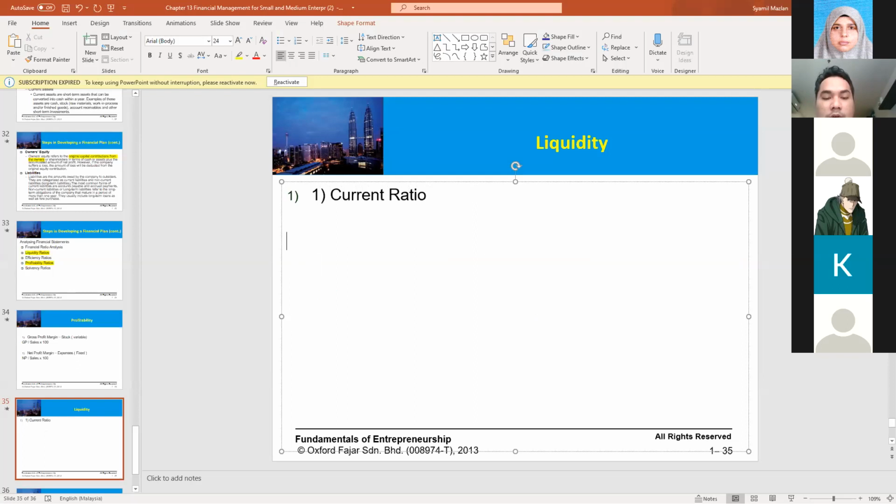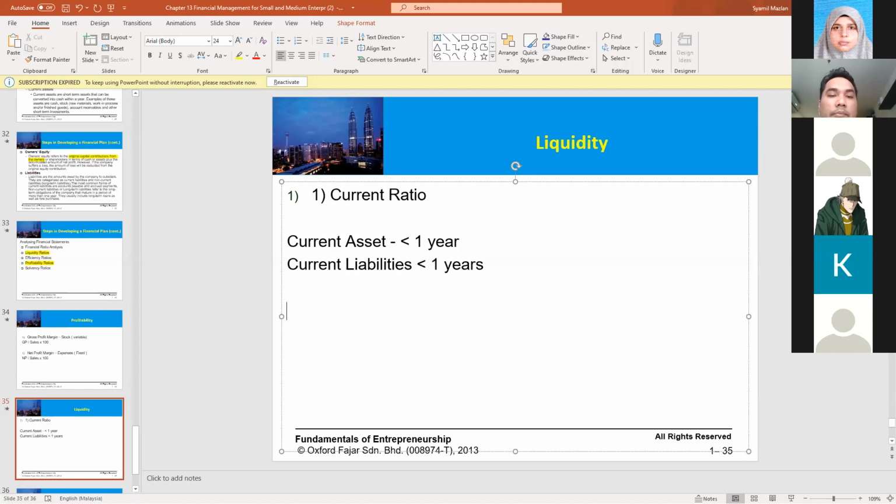Remember the formula of the current ratio is the current asset divided by the current liabilities. So what does current asset mean? Remember, the items are less than 1 year. And current liability is items less than one year also.